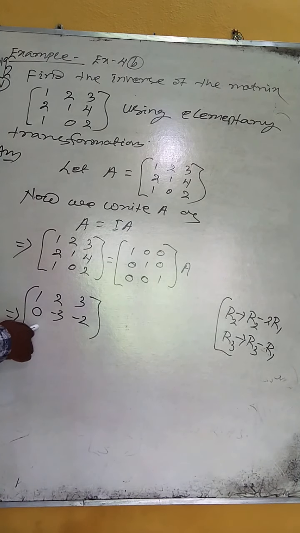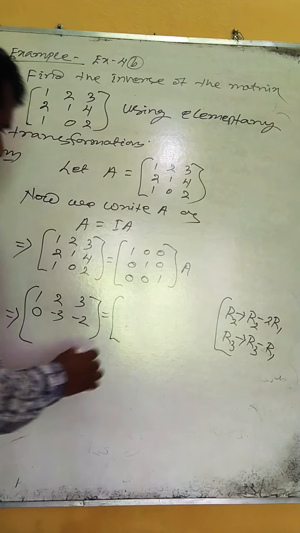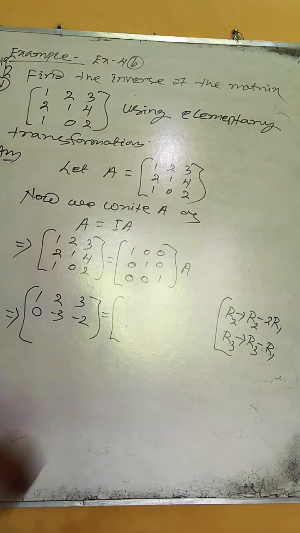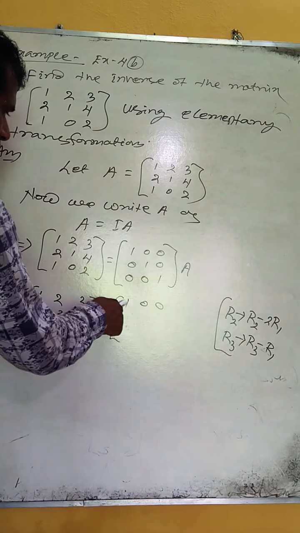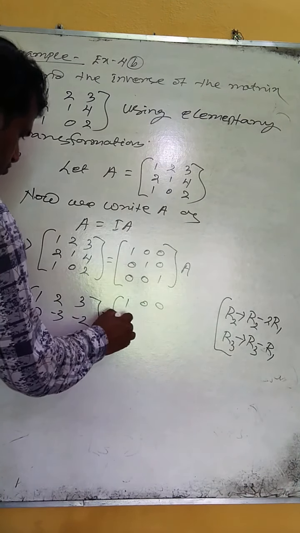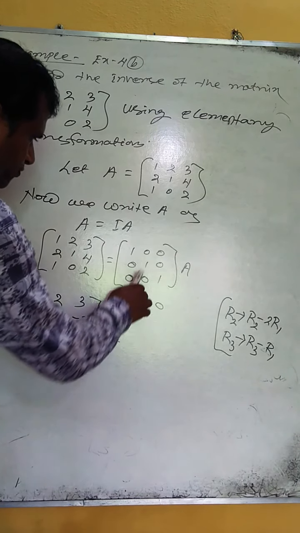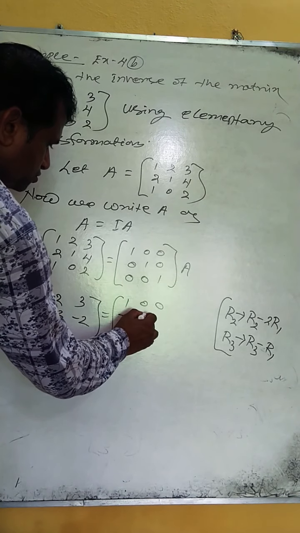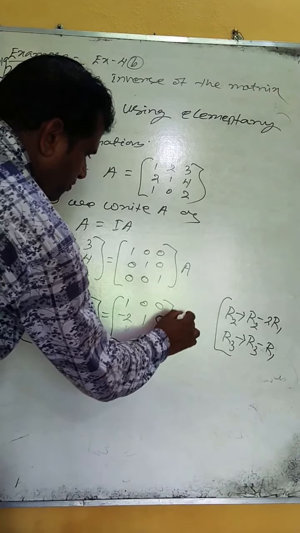Similarly R3 minus R1, and the same should be written on the right hand side unit matrix: 1 0 0, then 0 minus 2 is minus 2, 1, 0.